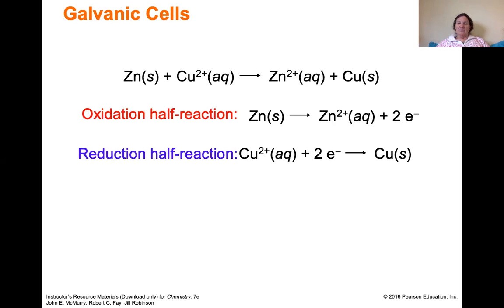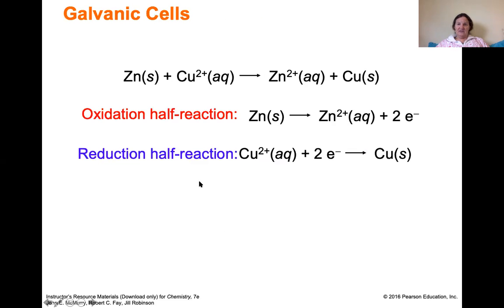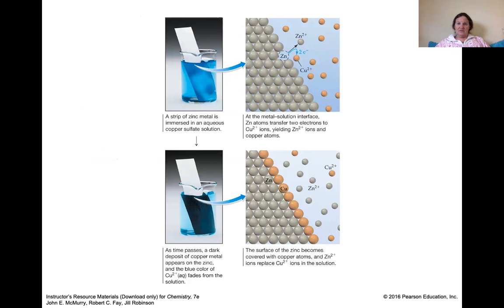But if we look at what these half reactions are and notice that zinc is giving up electrons that copper wants, the first picture is just showing you doing this reaction in a beaker. The reaction takes place, the solution starts to turn color. I feel like it should turn color the other way, but maybe zinc is blue, copper is a more green color.